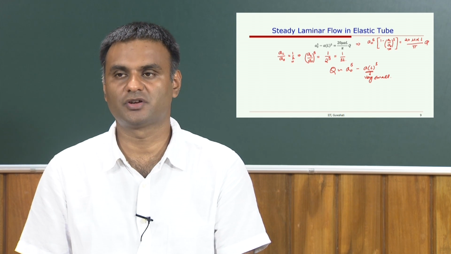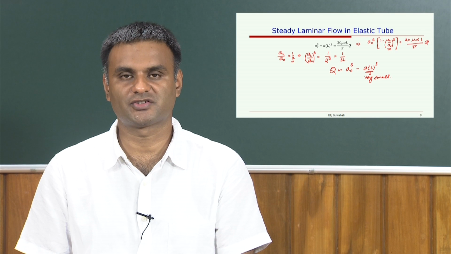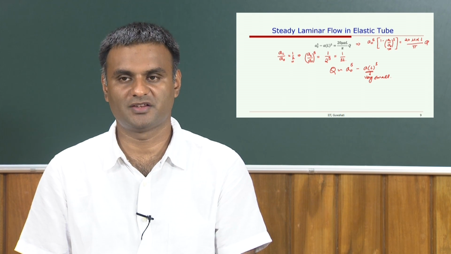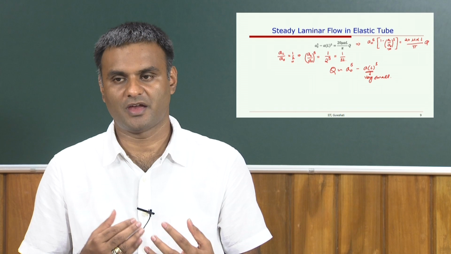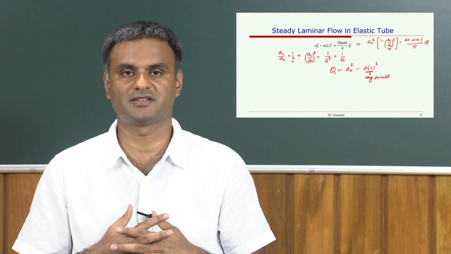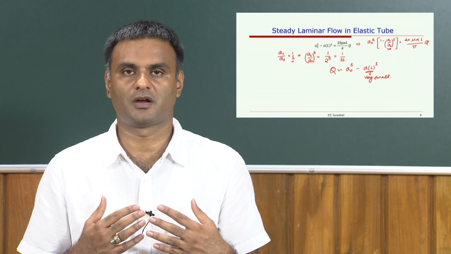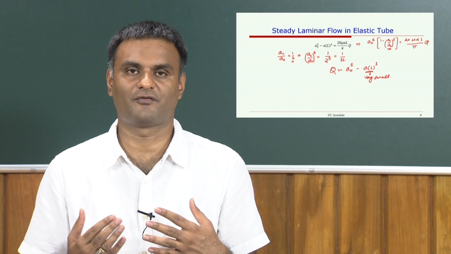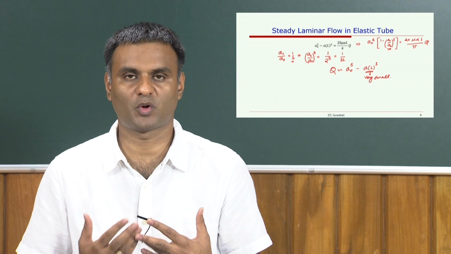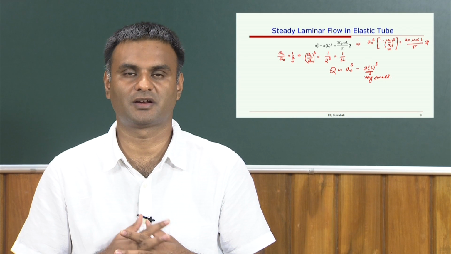So what we have looked at is the first problem, steady flow in a channel. First we had our relationship between pressure and flow rate from fluid mechanics, and we simply assumed Poiseuille's flow under certain conditions.